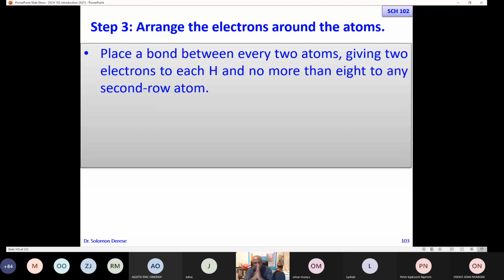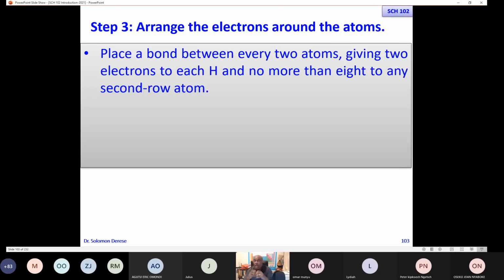Of course, after you have done that, you remember we have the total valence electrons we have counted in step 2. When you are putting these electrons, you are just sharing those electrons among the elements that are involved in chemical bonding. It is possible after you have formed a bond between the elements, you will be left with nothing. You will have used all of them in forming a chemical bond.